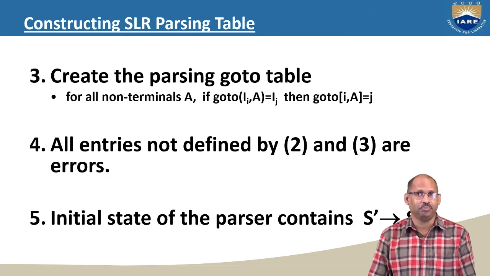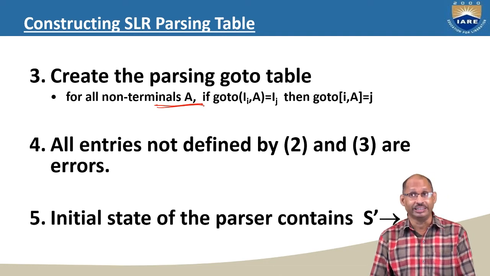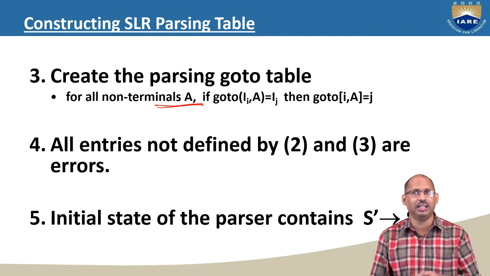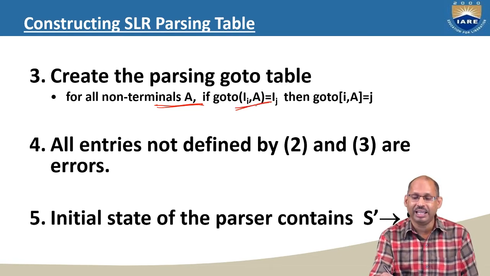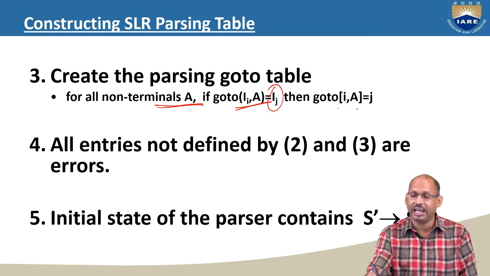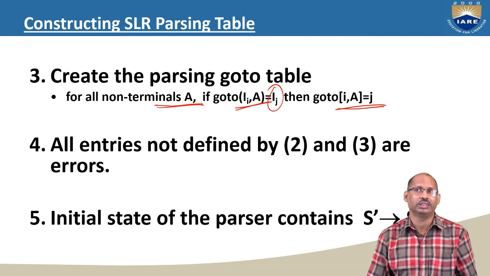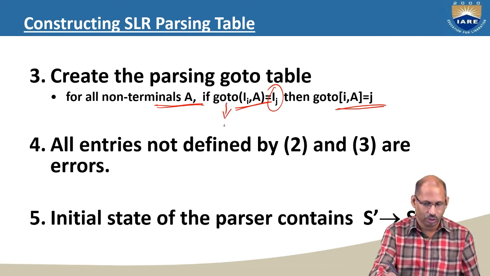Next, third step, Goto. For all terminals, we consider the action table. For all non-terminals, we consider the Goto table. So, Goto I on A is Ij, then we write I comma A is J in the Goto table.